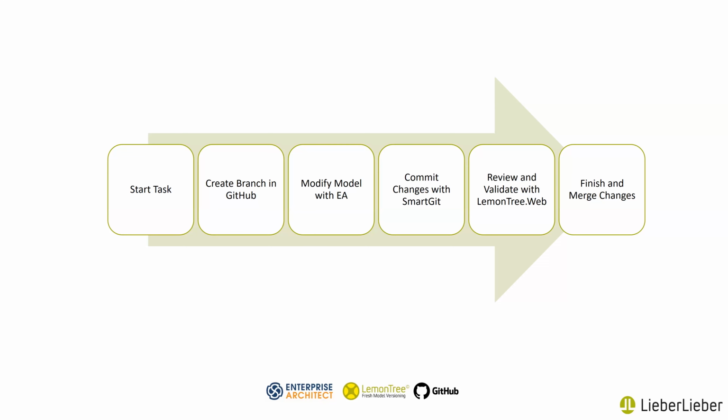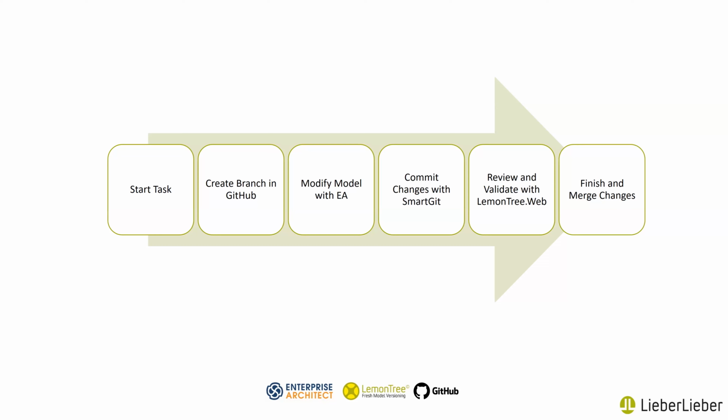And at the end, after all this reviewing, we finished the changes and merged them back, and basically did one entire workflow from starting a task, reviewing it, and then validating this change and merging it back.